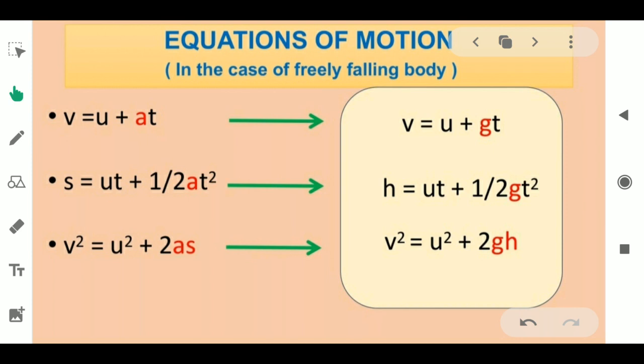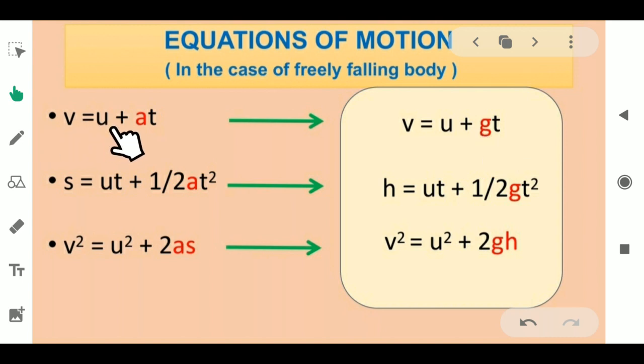Whenever we release a body from a particular height, the body always moves towards the earth under the action of gravitational force. So in such cases the acceleration produced is called acceleration due to gravity. Therefore we are just replacing A from the general equation by g. That is the only difference here.